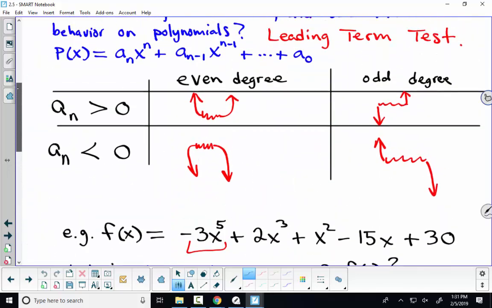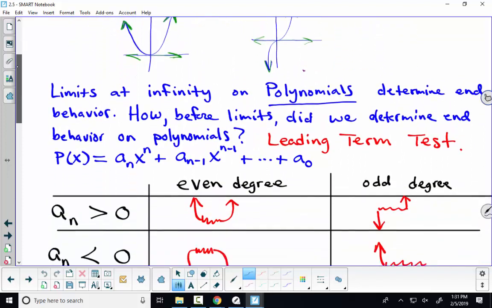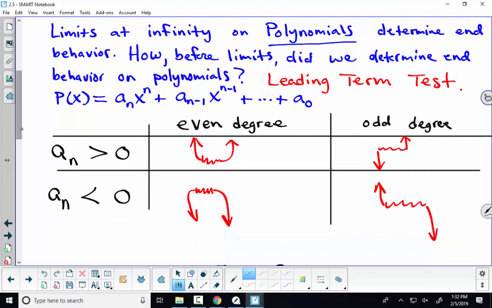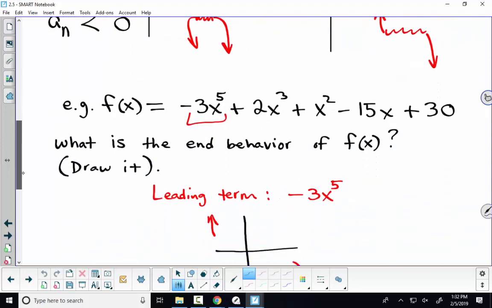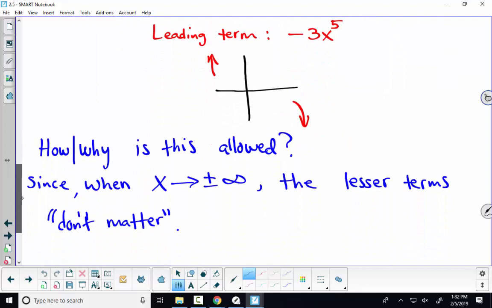So in 2.5, where we left off, we started looking at limits at infinity, x approaches infinity or negative infinity, on polynomial functions. And we did take a slight detour and ask, previous to limits, how do we determine end behavior? We looked at the leading term test, and then we asked the question, why does the leading term test work?